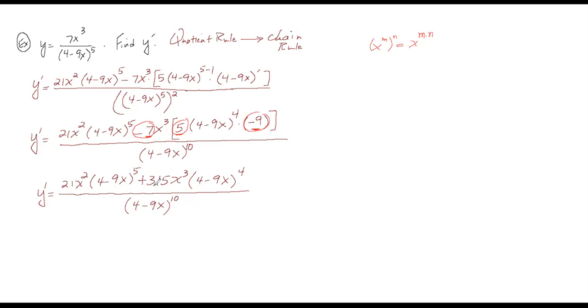Okay, so now let's look. I need to simplify it, okay? Now, your question's going to be, how do I enter that in MyMathLab? So I've got 21 on the top and 315. They have 21 in common. I have x squared and x cubed.